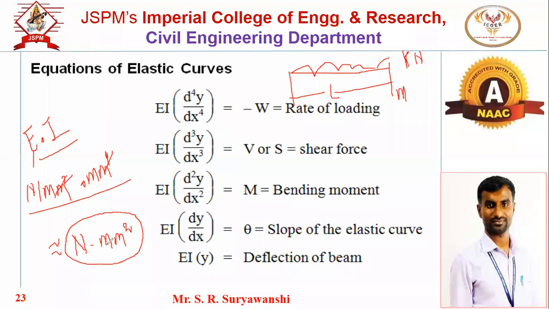If I have to convert this Newton into mm square to kilonewton into meter square, what will we have to do? Divide or multiply by something, what will that be? We have to convert Newton into mm square to kilonewton into meter square. Yes, Akshata, tell.